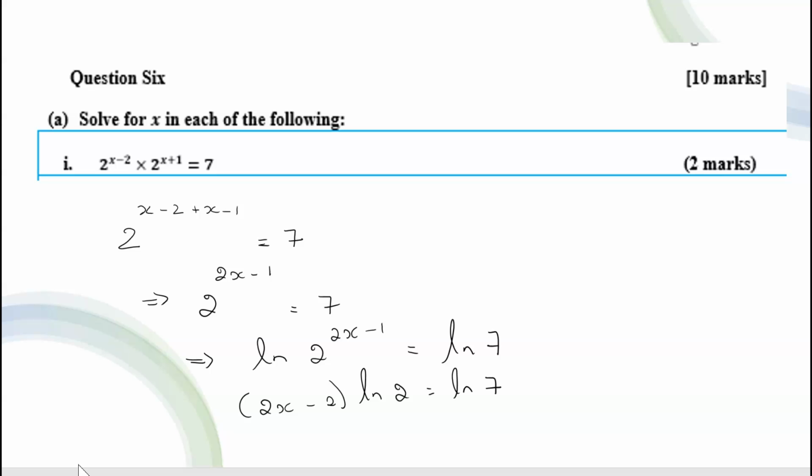I'm running out of room here, so I'm just going to put it up here. So now we can divide both sides by natural log of 2. Then we're going to add 2 to each side.